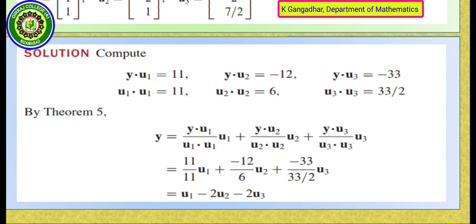We know all these values, so we substitute them in this linear combination. Then we get y equal to u1 minus 2u2 minus 2u3. So it is the required linear combination.